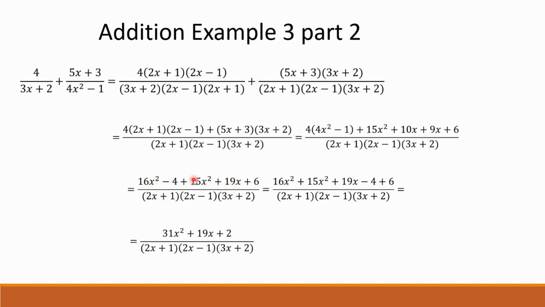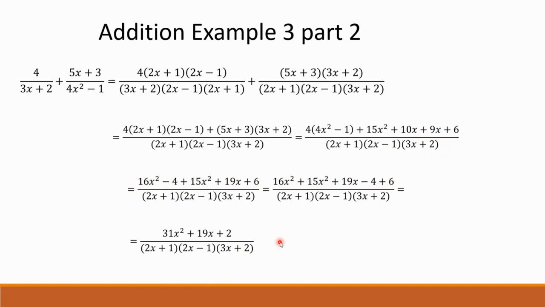Now we have 16x squared and 15x squared, right? We're going to combine those. Minus 4 and 6, we combine as well, and we get this. Okay, so this is what we get.